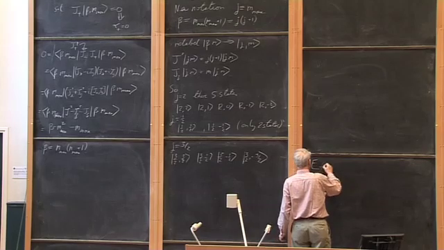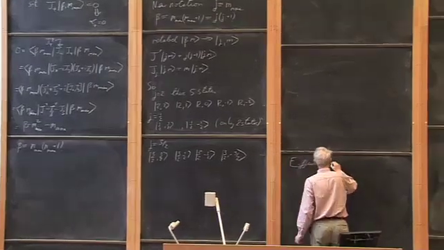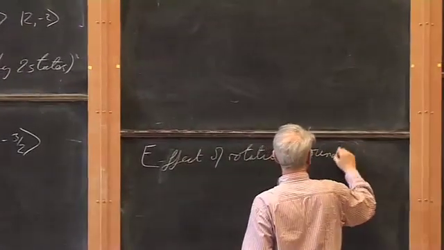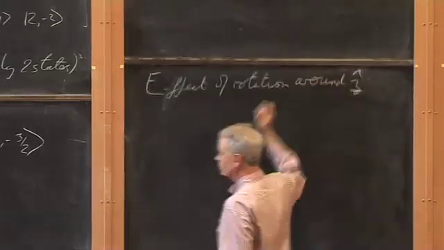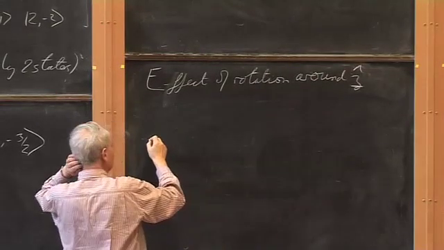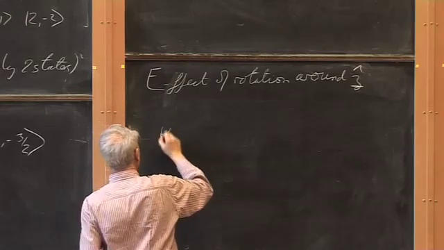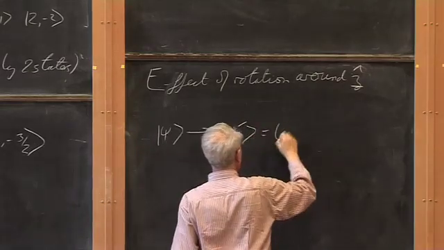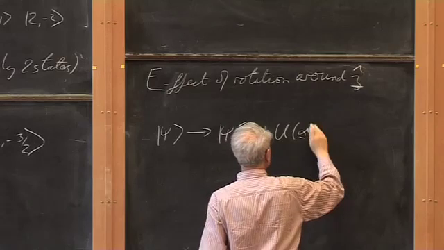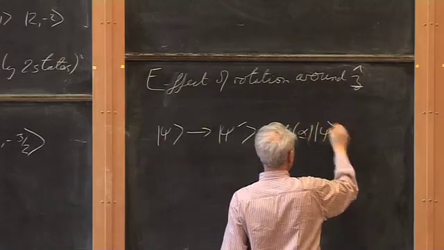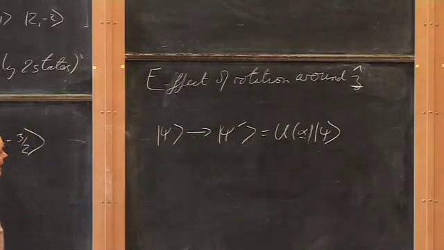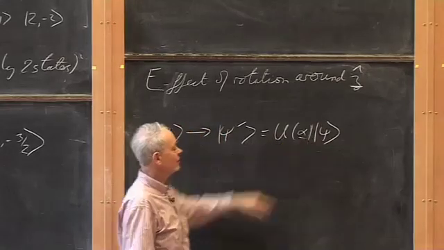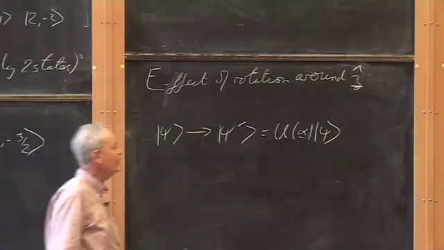Let's have a look at the effect of rotation around the z-axis. So psi goes to psi primed, which is U of alpha acting on psi. These angular momentum operators came in as the things you put in an exponential in order to generate a rotation, the unitary matrix that makes you a new system, which is the old system rotated.